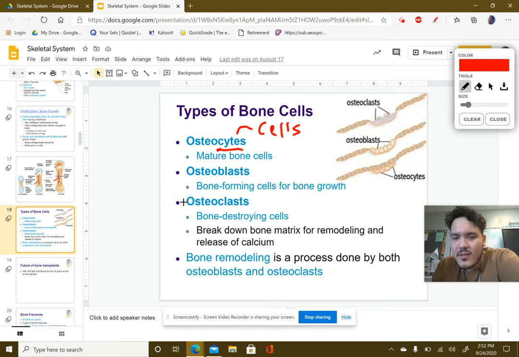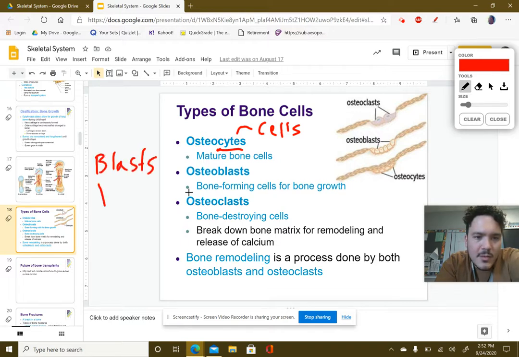There are other types of cells as well that are made in the bone that we need to know as well. They're more specialty cells, if you want to call them that. Osteoblasts and osteoclasts. Osteoblasts, their job, based off of a mnemonic, is blast, build bone.